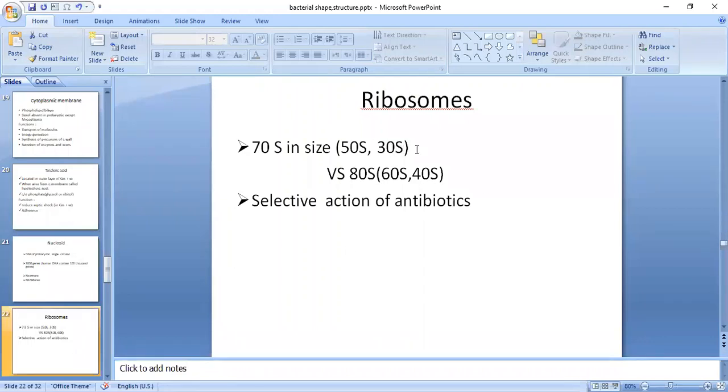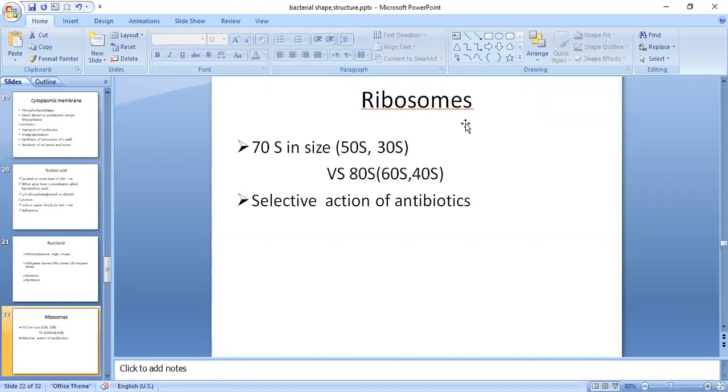Now the ribosomes. The ribosomes are also present in the prokaryotic cells in the bacteria. Their size is 70S, and their subunits are 50S and 30S. While in case of human beings, the ribosomes are 80S in size and the subunits are 60S and 40S.